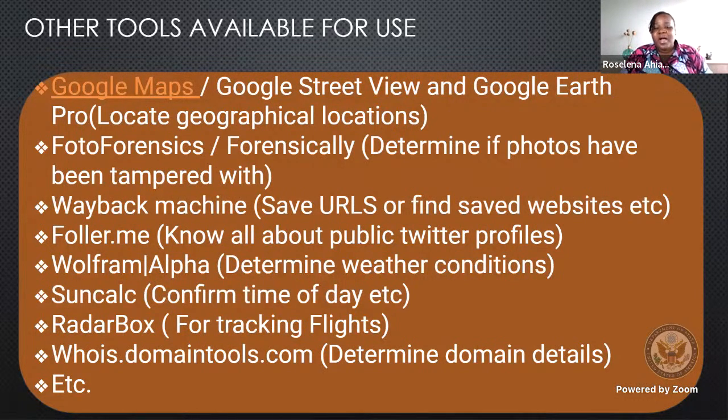We have Wolfram Alpha as well that can help determine weather conditions. And you may ask, how does this help? In certain videos or images, you may see that it took place when it was raining or when it was sunny or perhaps cloudy. And if you use Wolfram Alpha, for instance, you may be able to tell what the weather condition was like on a specific day.